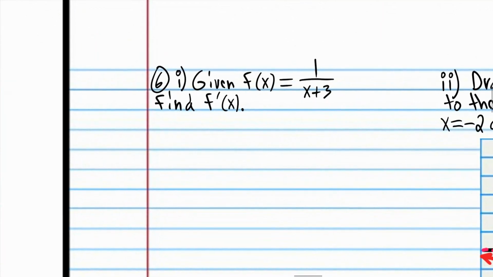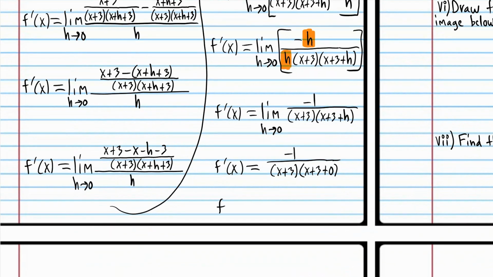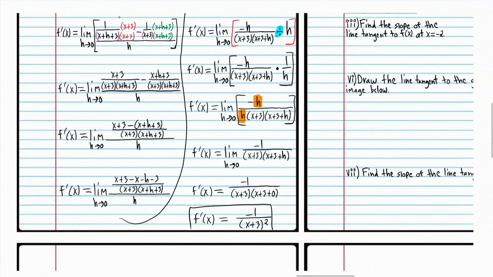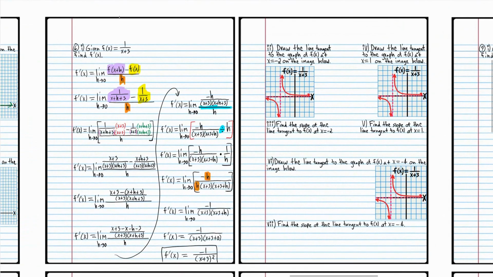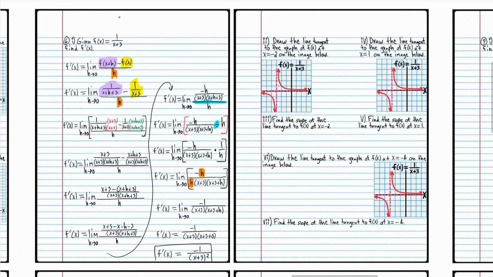Okay, we're back. And finally, we have negative 1 over (x plus 3) squared. And that is the derivative. So if you got that right, excellent. Okay, so now we're going to use that derivative.